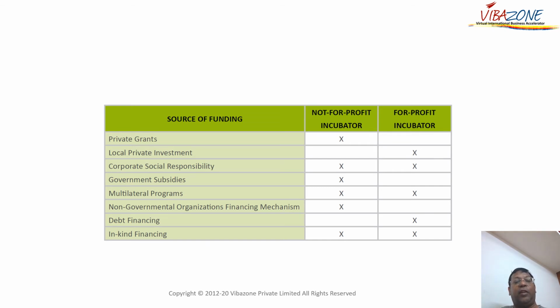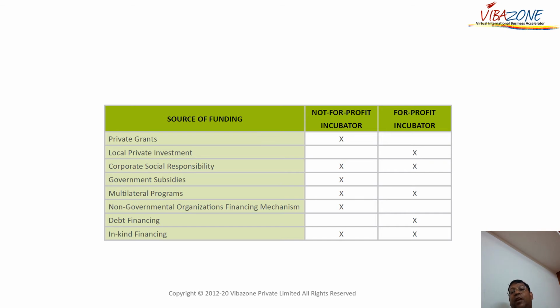Now, we've already explained to you earlier grants. Obviously, if you're not a non-profit incubator, private grants will not come. Local private investors will give you if you are a for-profit. So if you are corporate responsibility, both can apply. Government subsidies will only come if you're non-profit. Multilateral programs, you will be running a whole lot of programs where it could be non-profit and profit candidates.